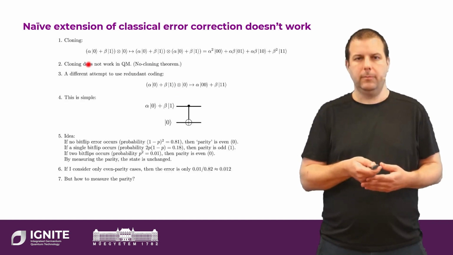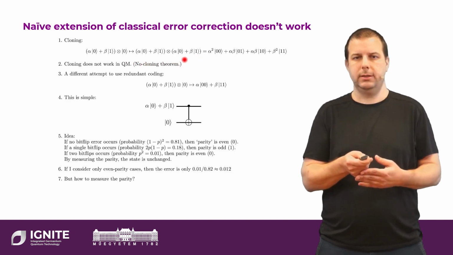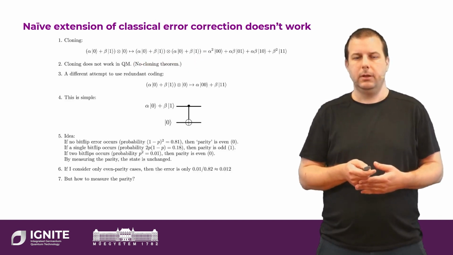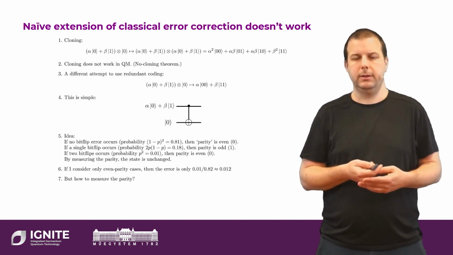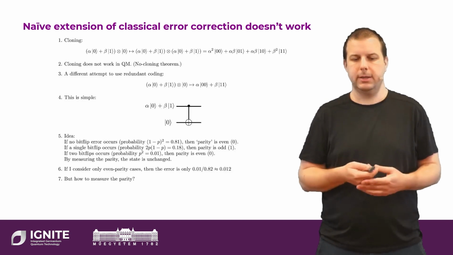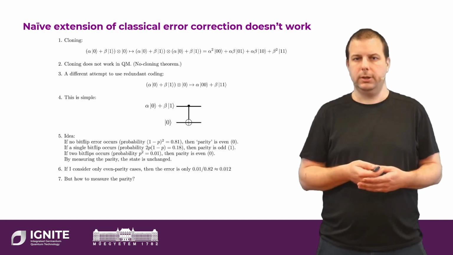This would mean that we could start from a two qubit state where the first qubit is a superposition, the second one is one of the computational basis states, and just use the second one to make a copy of the first one. So here in this product state, the two states are the same. Now the problem is that in quantum mechanics, there is a no cloning theorem which is forbidding this kind of copying. So this naive extension of the redundancy idea to the quantum case does not work at all.